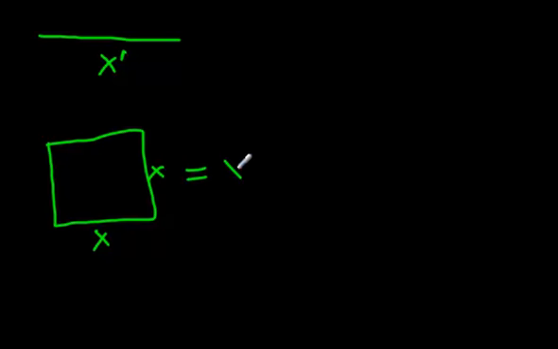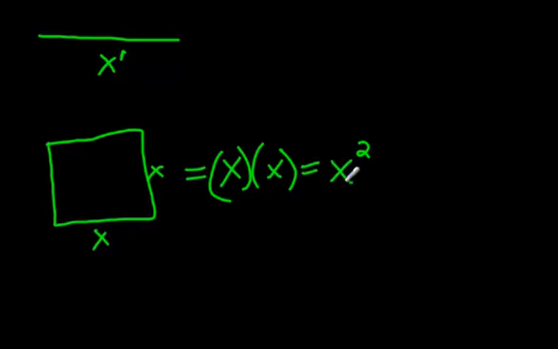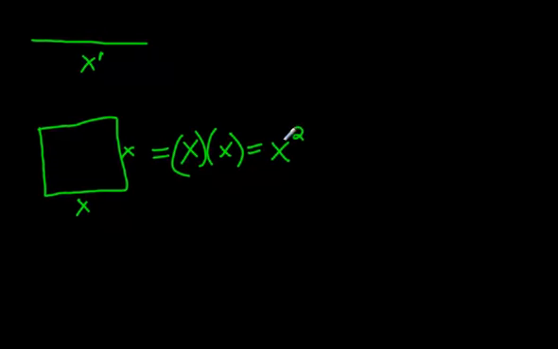Times can also be done with brackets, so it doesn't have to have the times sign, because that would be confusing when we're talking about x's. So x times x equals x squared, x to the little 2. That's how we show area. This is two-dimensional, and it's the area of this square, x times x.